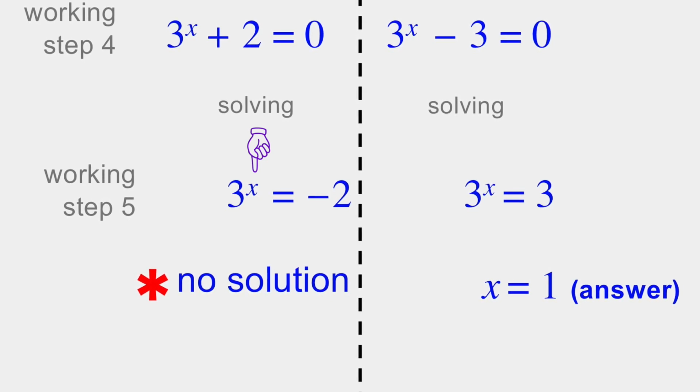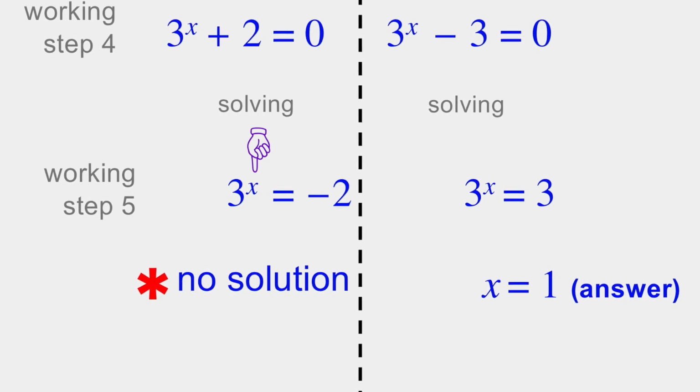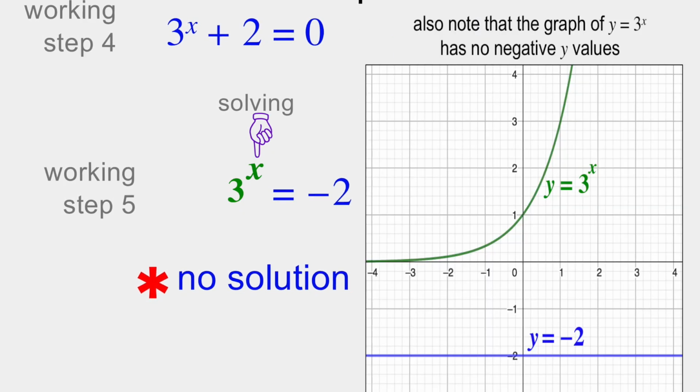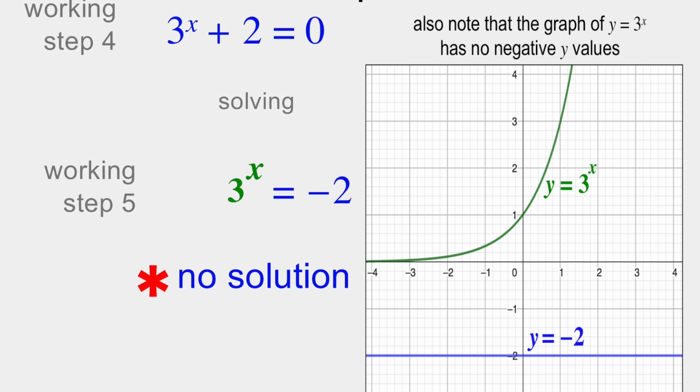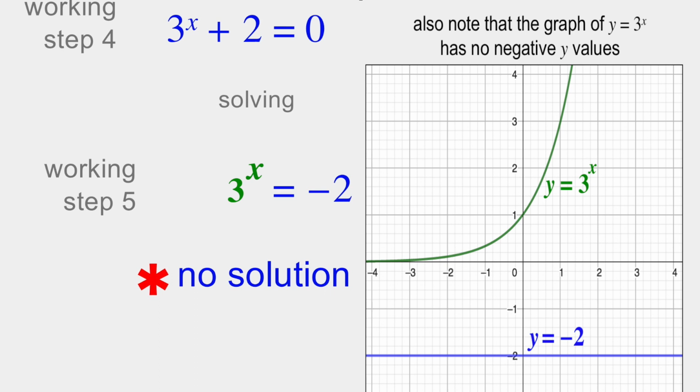You can try 5, you could try -2, you could try a half, -1/2, 0, any power for x here, and there is no power that can give you a negative answer of -2. And so for that reason, this part of the null factor law gives us no solution. So there's no answer here.